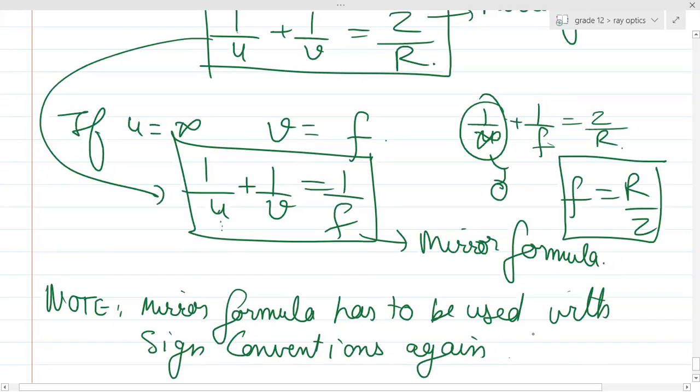Although even if you have used the sign conventions in the formula, still you need to use the sign convention again when you will be using them in the numericals.